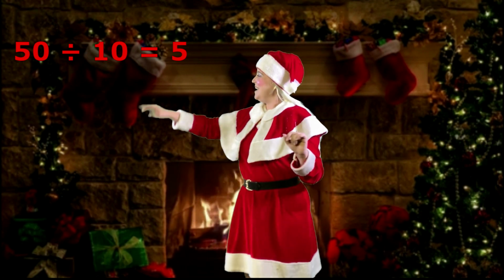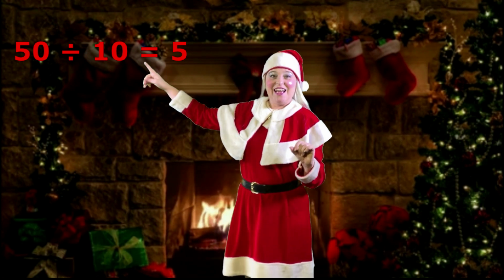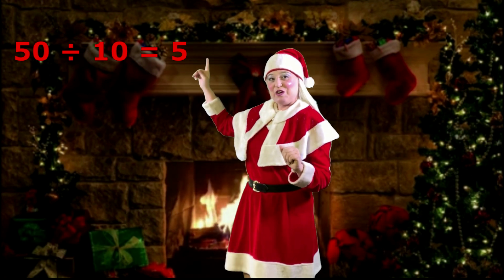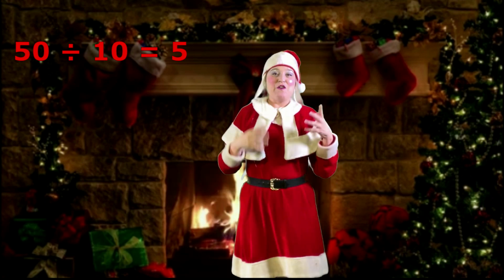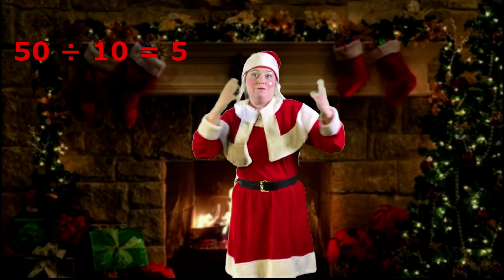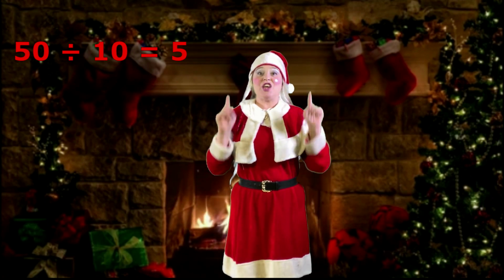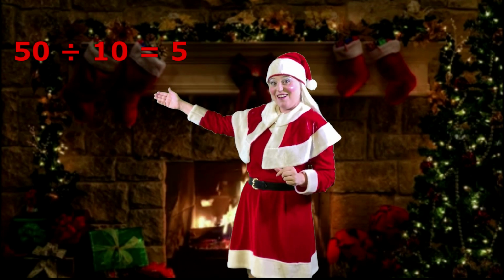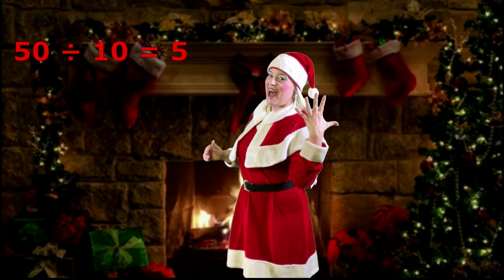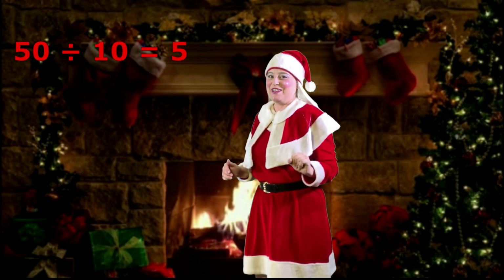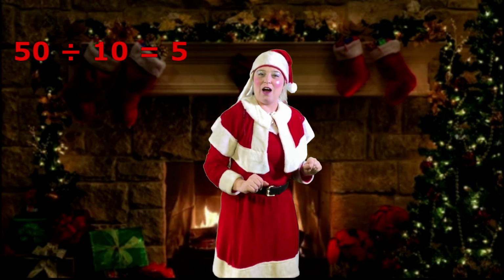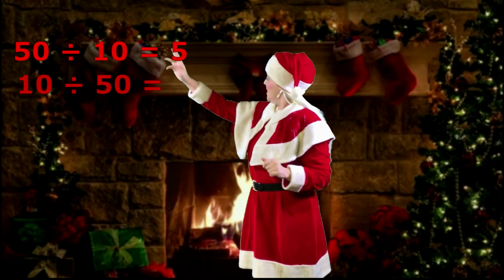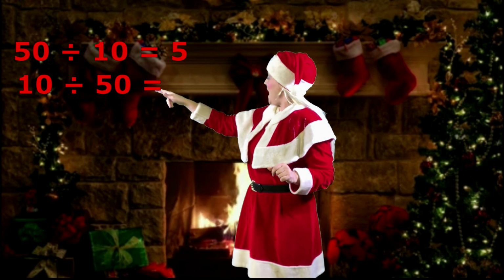Good. 50 shared between 10 is 5. 50 objects shared equally between 10 gives 5 each. Very good. Now, let's flip those numbers around. 10 divided by what?